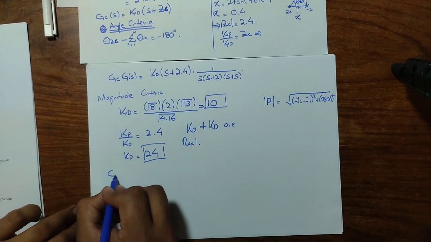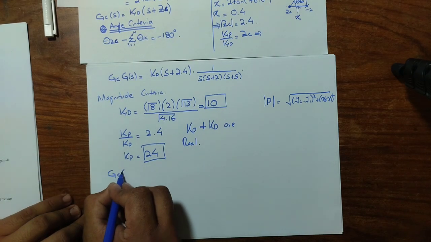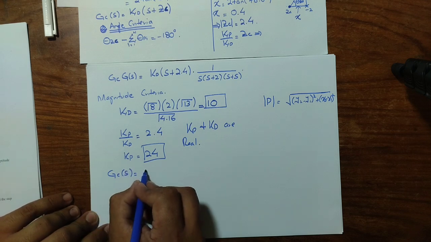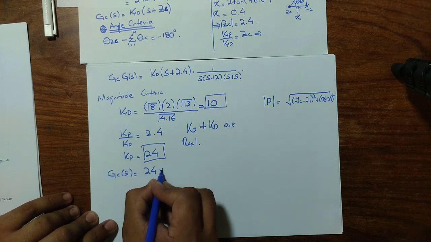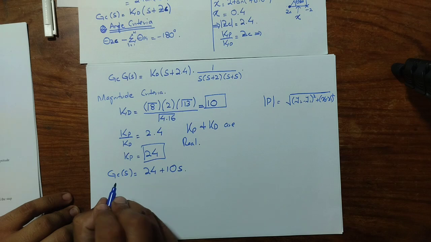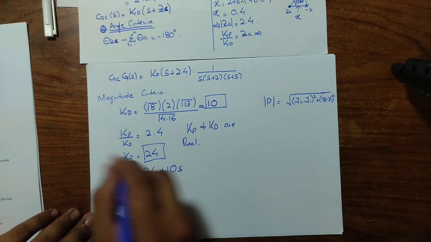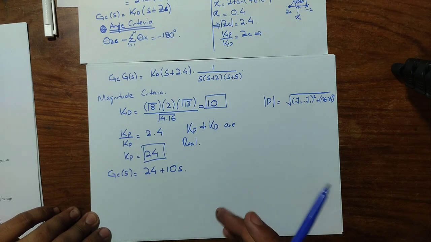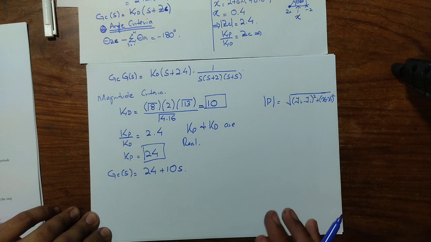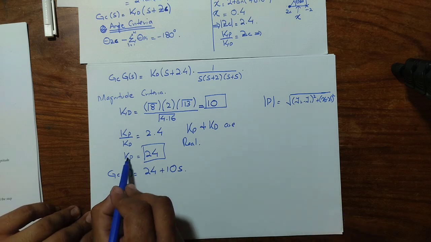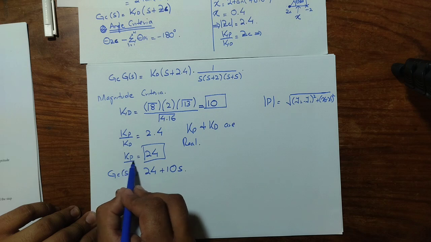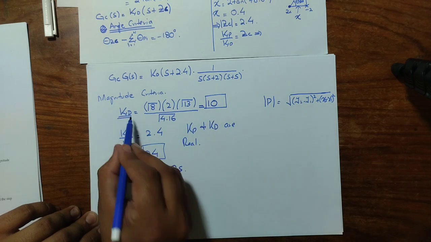So the overall transfer function for the PD controller is equal to 24 plus 10s, right? This implies that the whole system is following the process that helps us achieve the desired point. And the proof of this is that the gains Kp and Kd are both real.